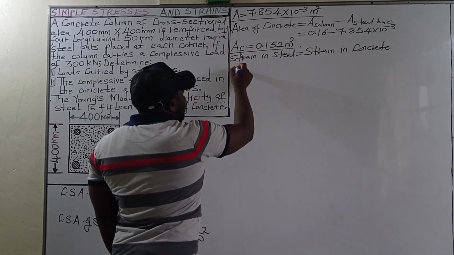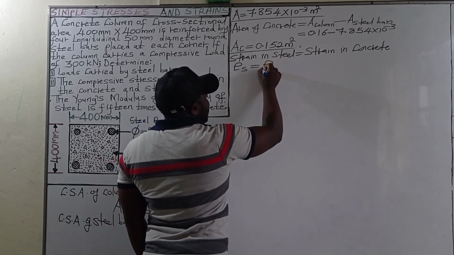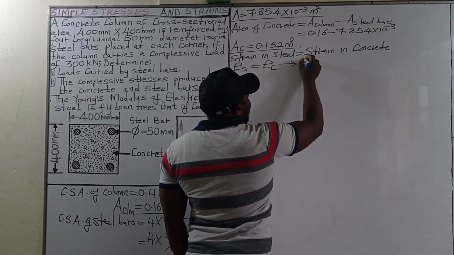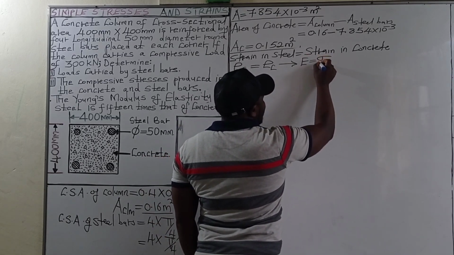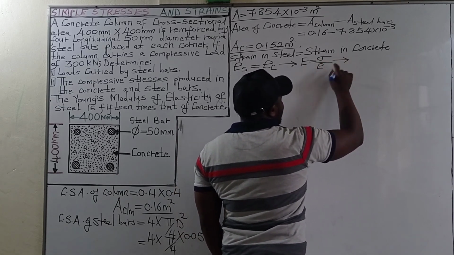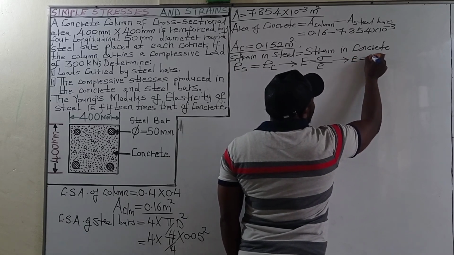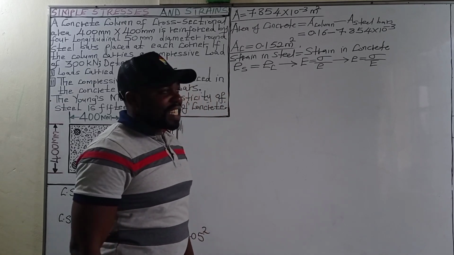Now, from the formula, Young's modulus of elasticity is given by the ratio of stress to strain. When we make strain the subject, we are going to have strain equals stress divided by the Young's modulus of elasticity.